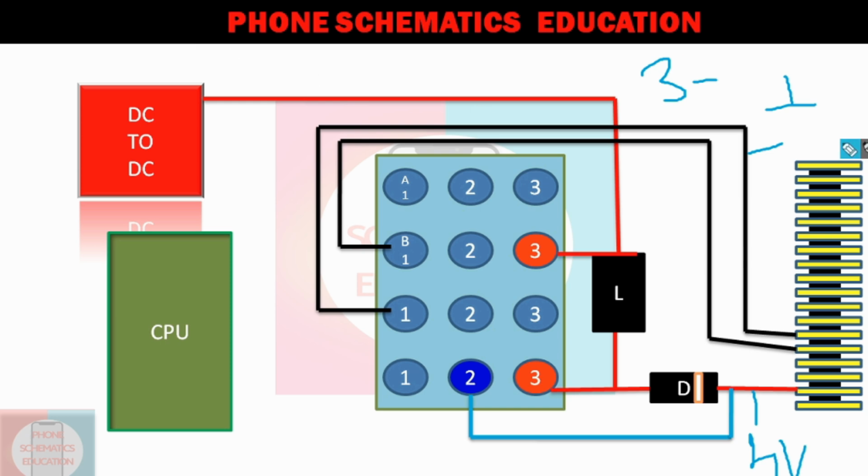I will tell you. Suppose this is your LED bulb. Is the screen a diode? This bulb works on, let's say, 4 volt. This is a positive and a negative.